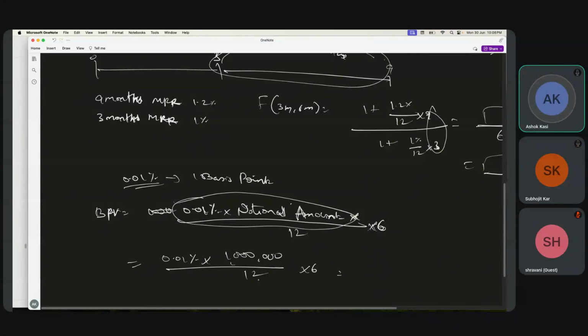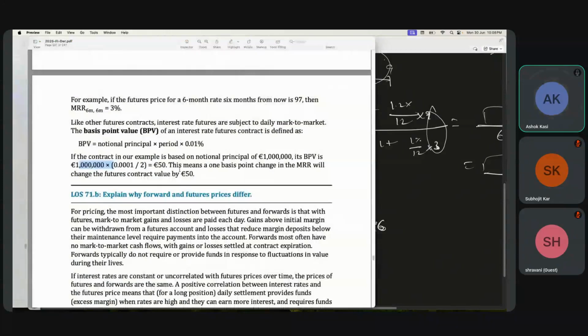Fifty. 50. So 50 rupees is the change for 1 basis point. The contract's value will change by 50.